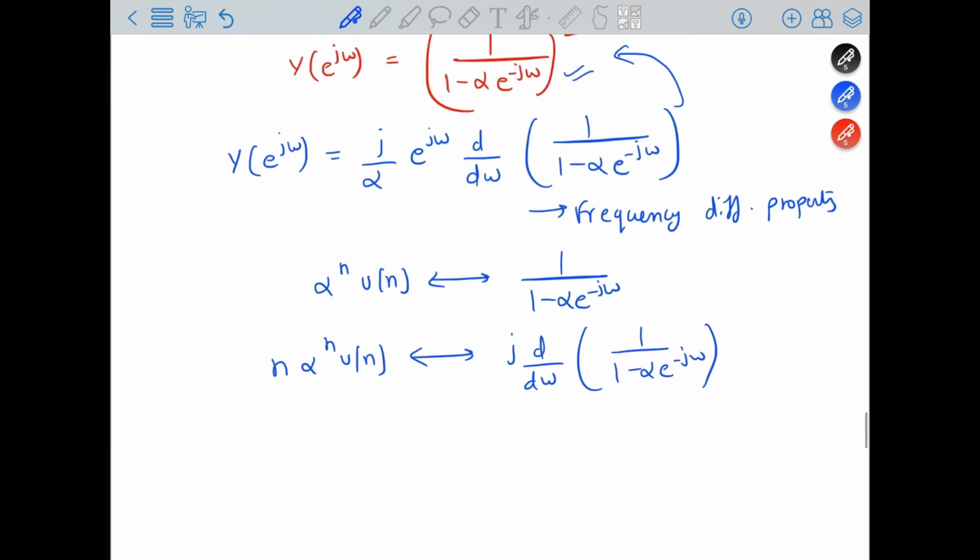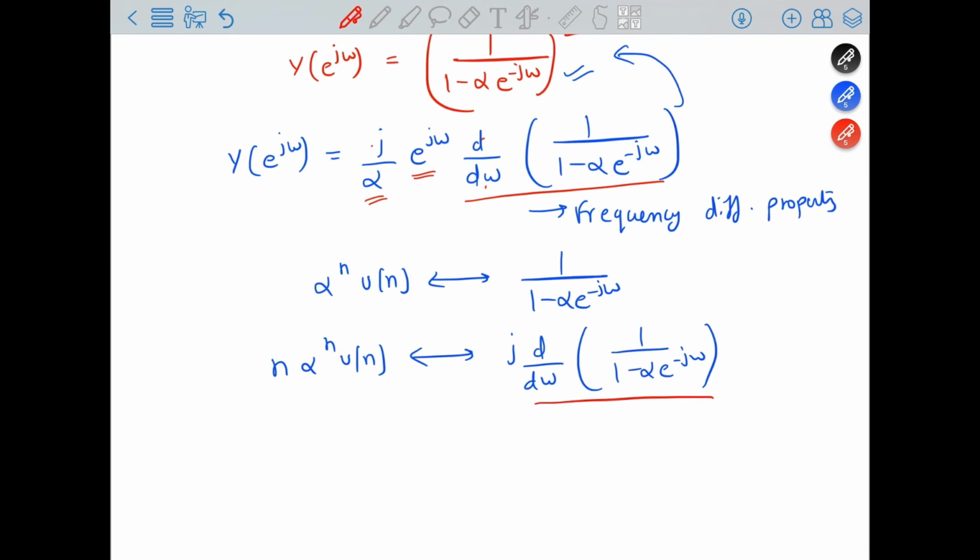Now you can see some similarities between this expression and this expression. So we got j d/dω of 1 over 1 minus alpha e^{-jω} as the transform of n alpha^n u[n]. Now let's see how these two can be related. As you can see, there is an e^{jω} factor in the frequency domain. Can you guess what the equivalent effect will be in the time domain?